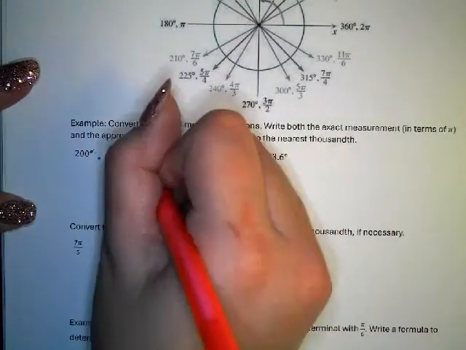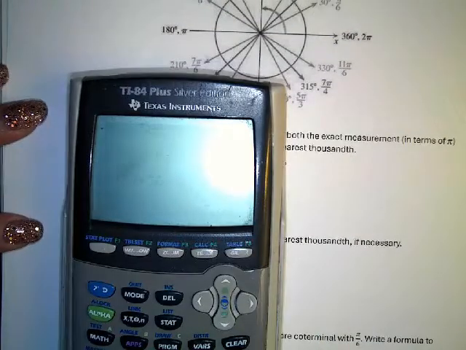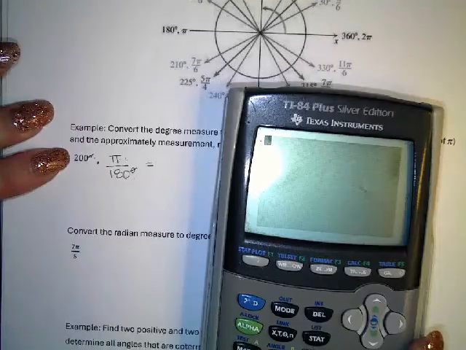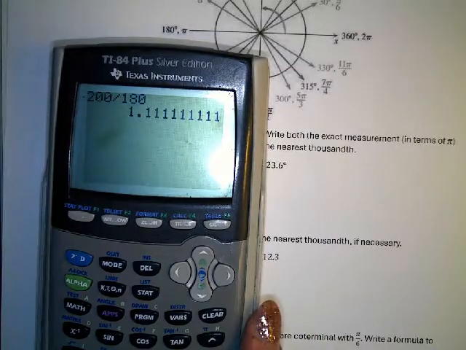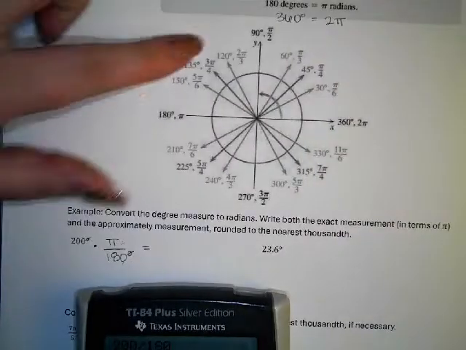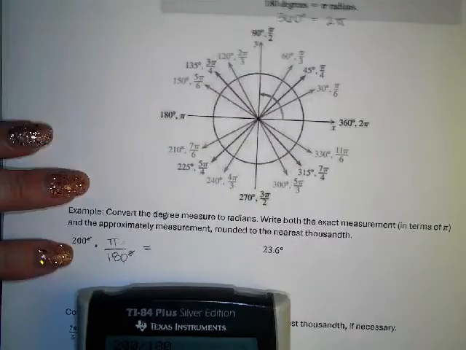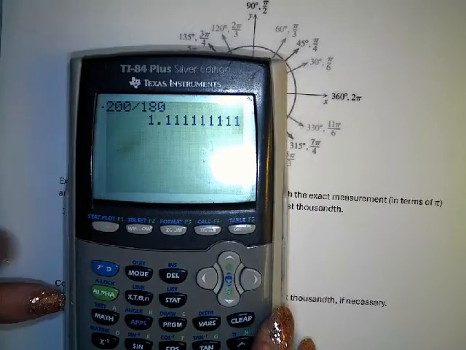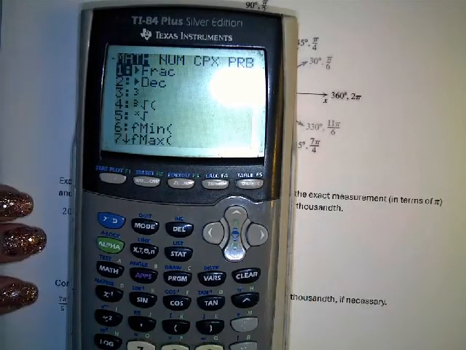So in my calculator, I'm going to type 200 divided by 180. I'm not typing in the pi because if you noticed up here, all these numbers typically have a pi written in them when they are written in radians. So I've got this decimal. I'm going to hit the math button on my calculator to turn this into a fraction. 10/9.